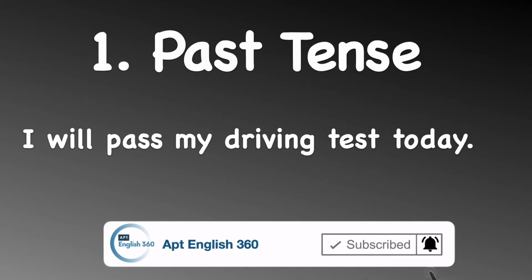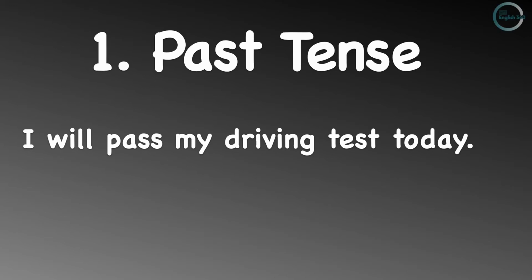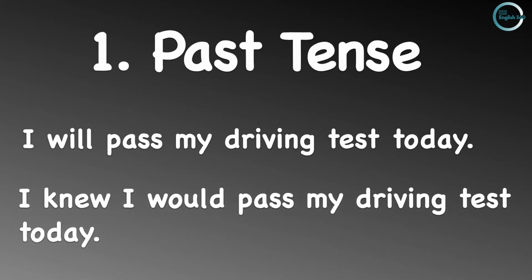I'm confident that I will pass my driving test today. And then when I say that I knew I would pass my driving test today, here will becomes would, and I'm showing this confidence of passing the test, but in the form of past tense.